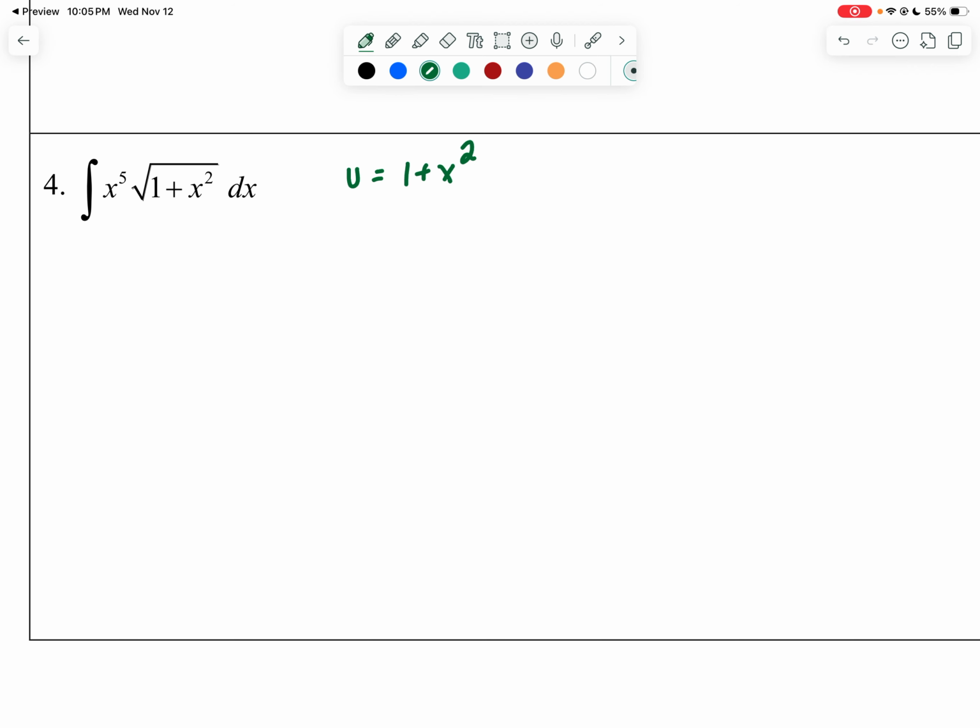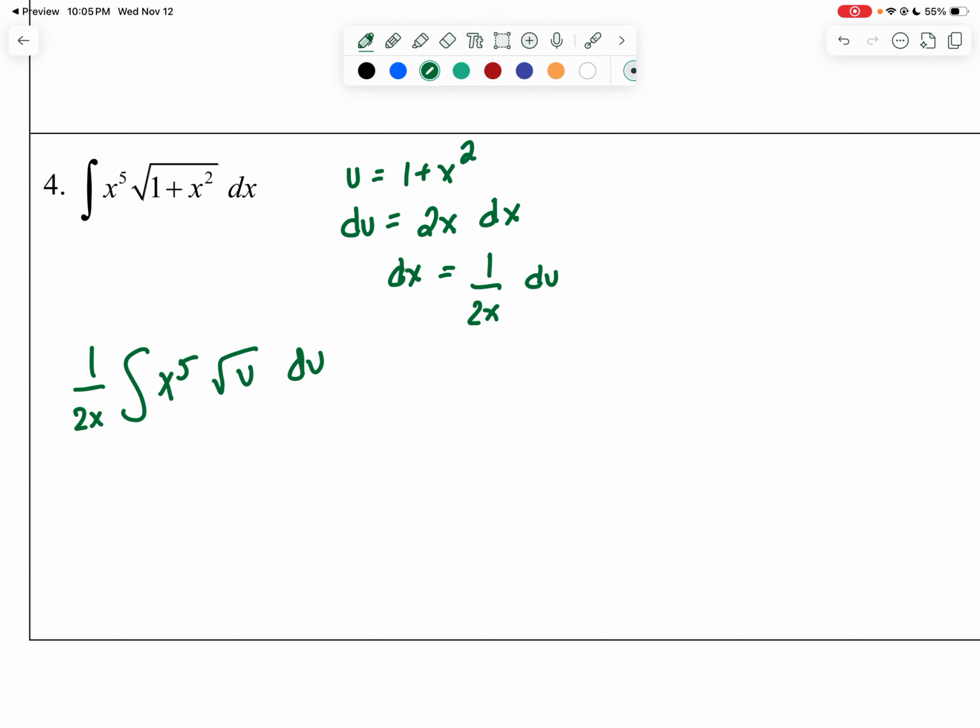So in this case, your argument is 1 plus x squared. We get that to be our du, which means that dx is going to be the reciprocal of that. So then we get 1 over 2x, the integral of x to the 5th root u du.